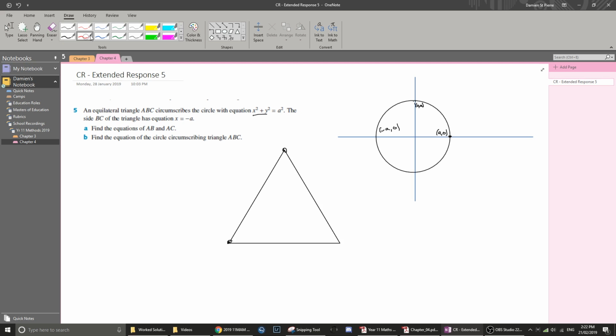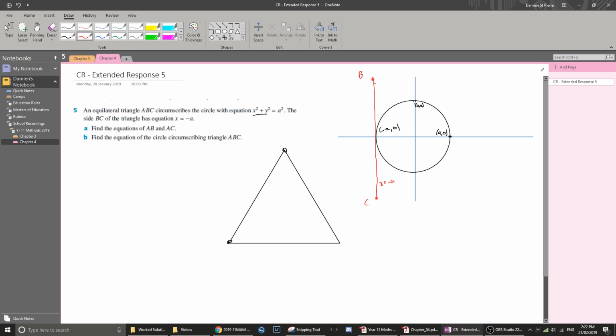So we have a triangle with one vertical line there. Okay, and this equation is x equals negative a, and we have point B up there, point C there.